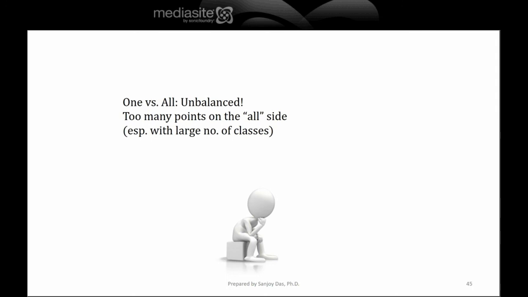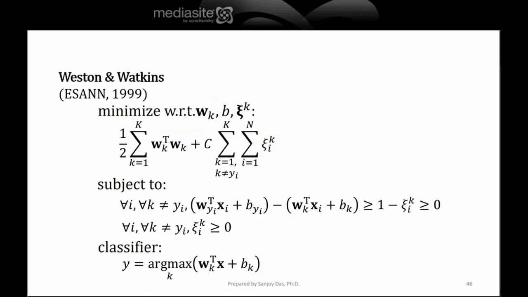One of the proposed solutions was given by Weston and Watkins in the 1999 European Symposium on Artificial Neural Networks, and this is what they proposed. Given any point xi, this is the distance of the point from its own hyperplane, and this is the distance of that same point xi from any other hyperplane k, where k is of a different class from xi.